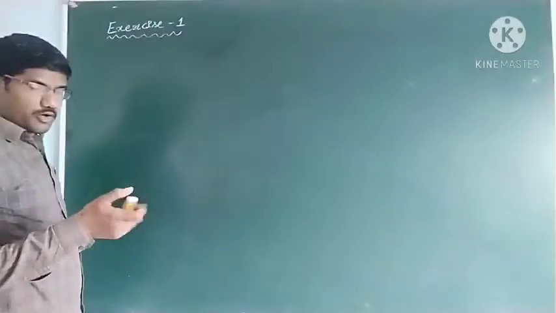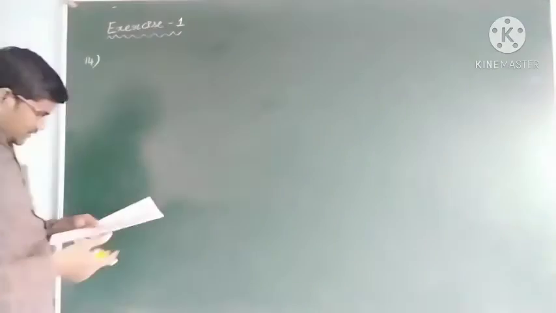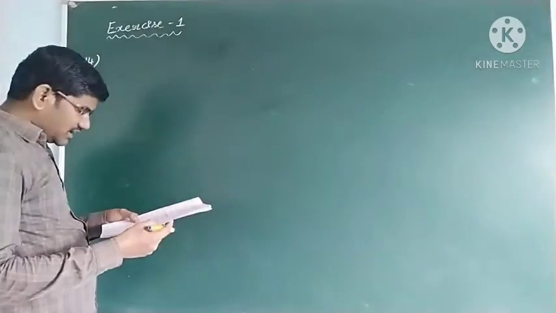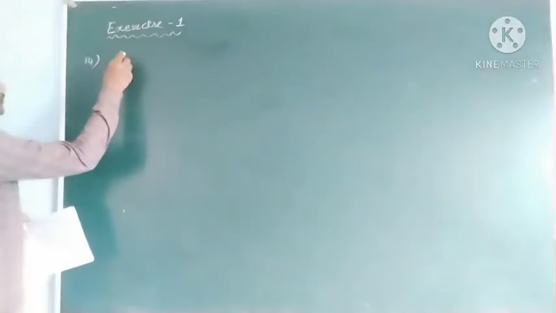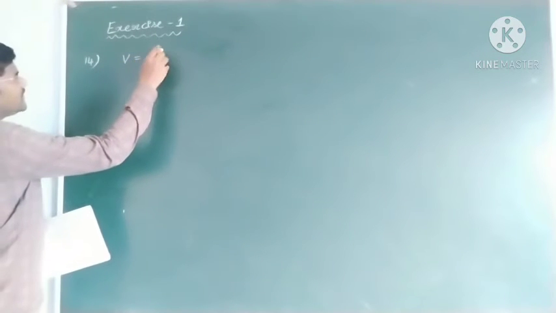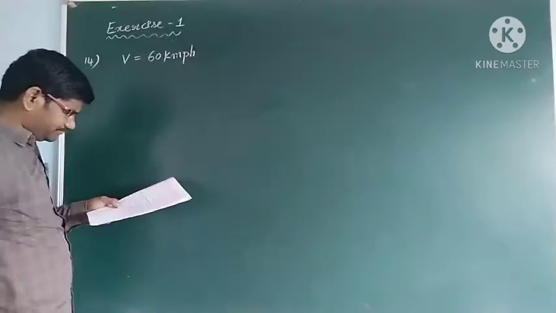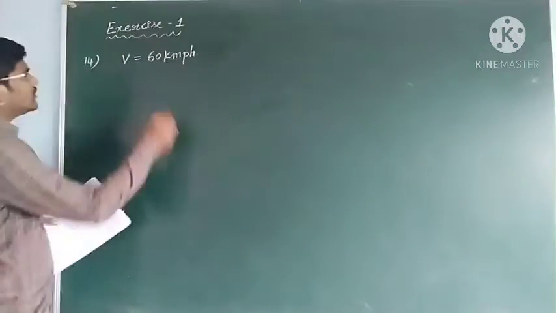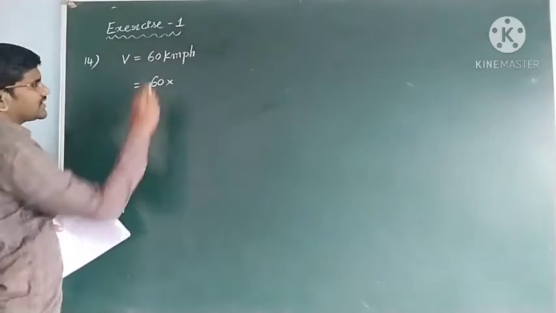Okay students, see exercise 1, problem number 14. So what is given? Find the time taken by a bus moving at 60 km/h. So speed is given, 60 km/h. So I want to convert this 60 km/h into meter per second.